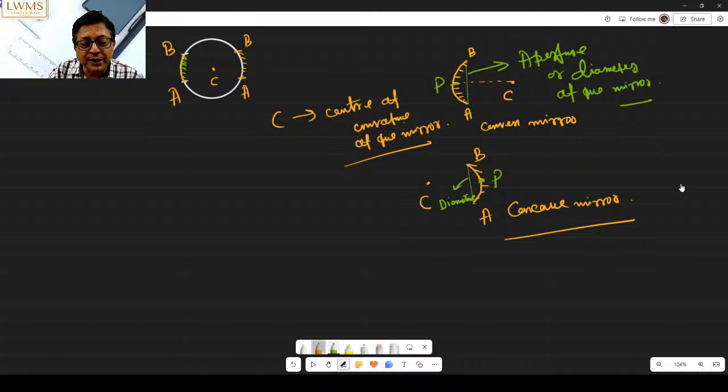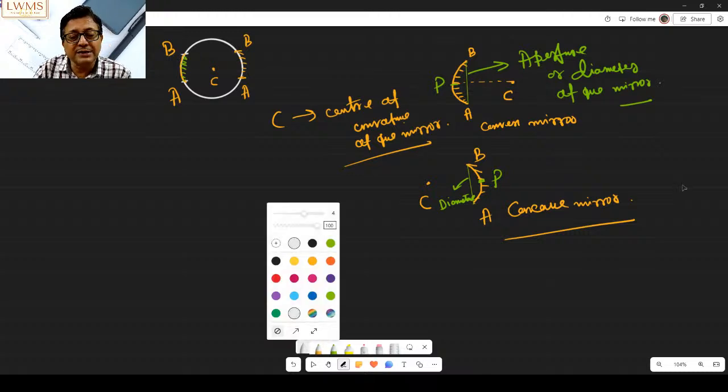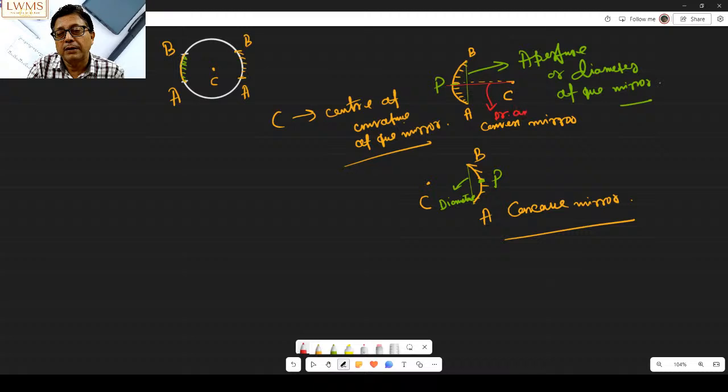If we join a line segment through C and P, that line segment will be referred to as the principal axis.